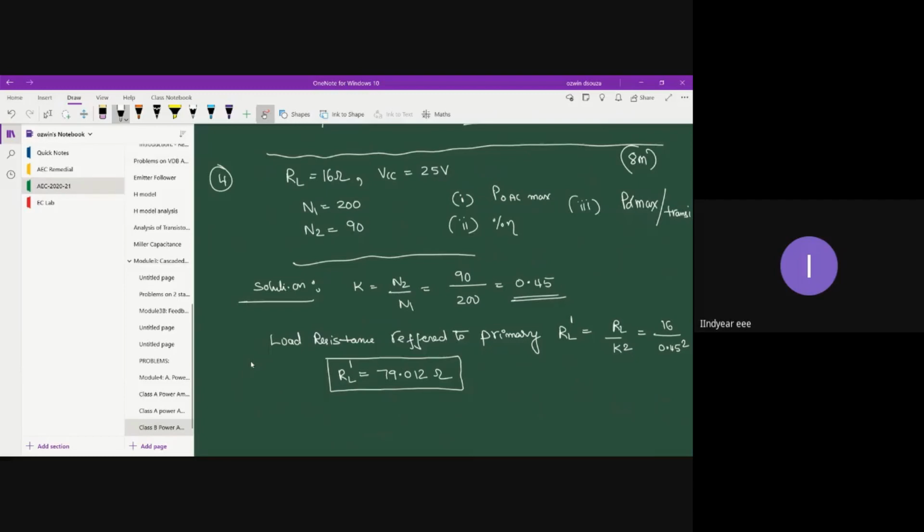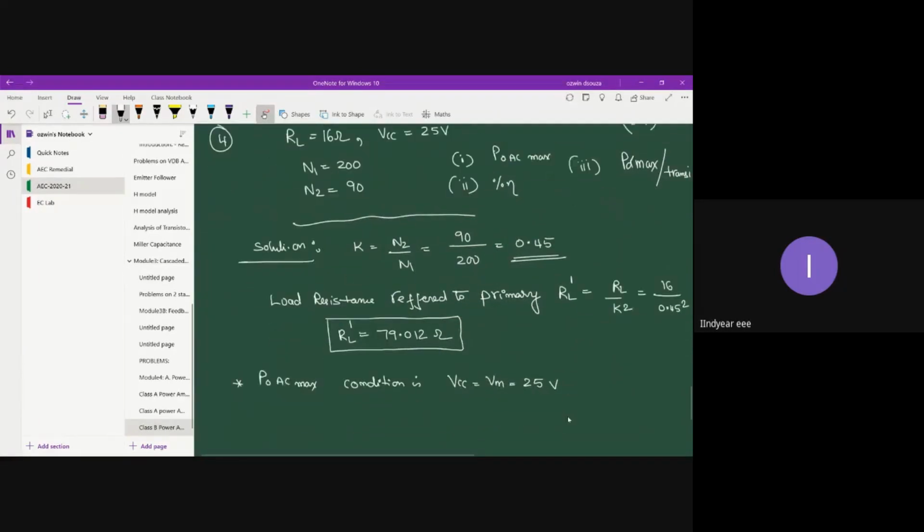Okay. Now I can go ahead with the further part of the problem. So firstly, we need to find out P0 AC, right? Maximum AC output. So P0 AC maximum condition is VCC is equal to VM is equal to 25 volts. Okay. So therefore, P0 AC maximum is equal to half Vm square by RL dash, where Vm is equal to VCC, right? Because we are considering the maximum power.